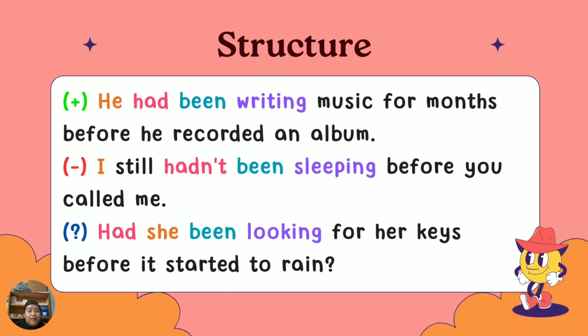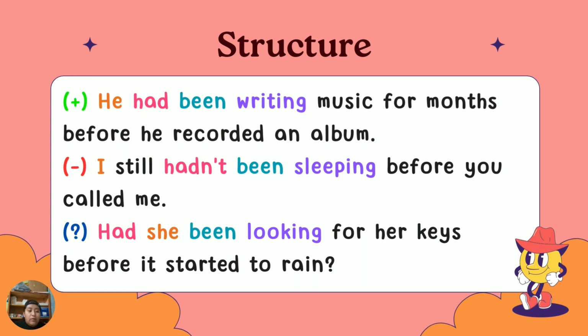Next example, in the negative form, I still hadn't been sleeping before you called me. I is the subject, plus the adverb still, the auxiliary verb in the negative form, hadn't, the second auxiliary verb, been, and the main verb with the ing termination, sleeping, and the complement.